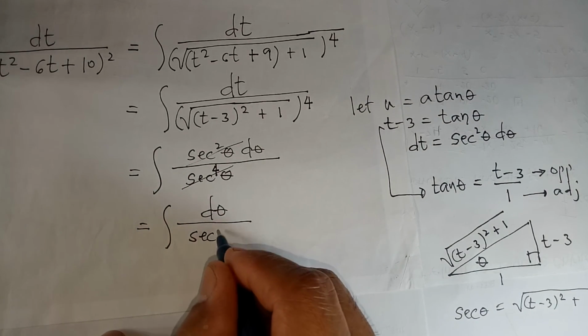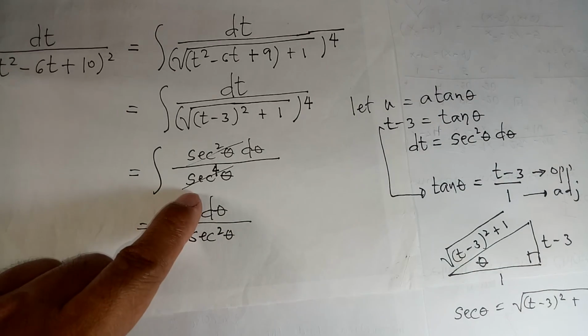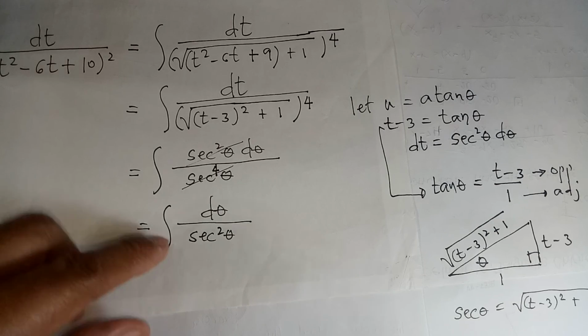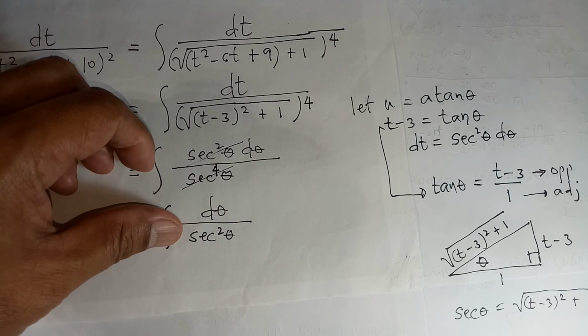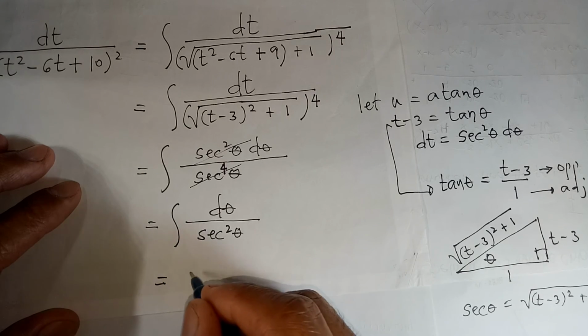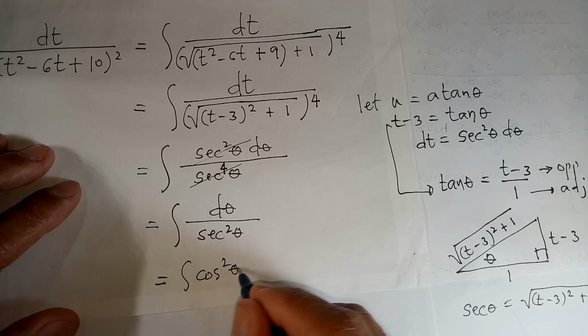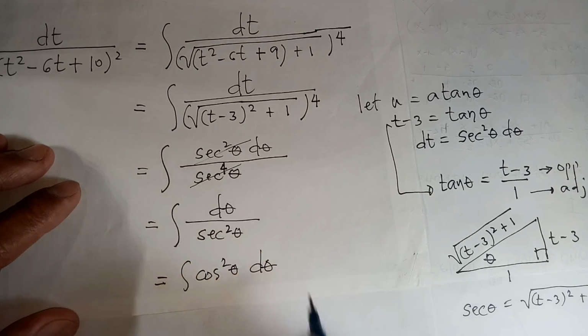Now, 1 divided by secant squared equals siya sa cosine squared of theta. So, integral of cosine squared of theta d theta.